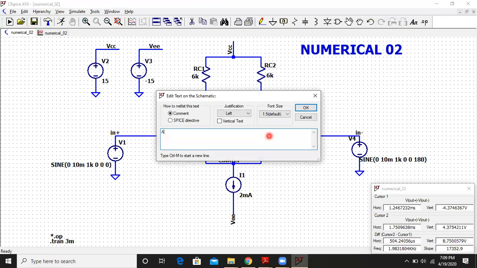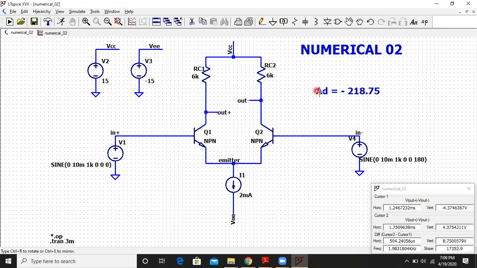So AD over here is coming out to be minus 218.75 as per our calculations. So this is the number which we are getting.